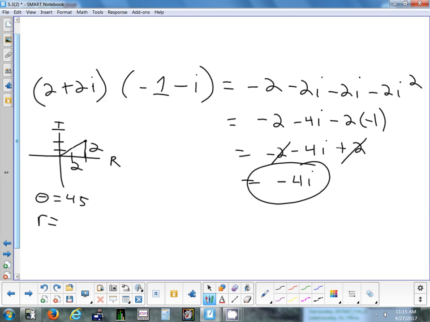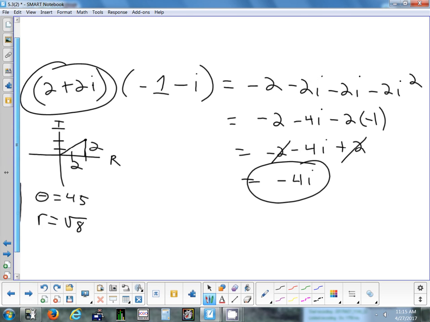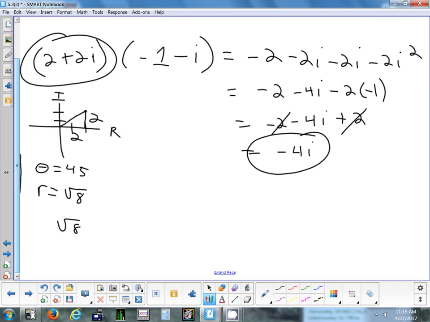So just do x squared plus y squared equals r squared. And just to do it quickly, I'm not going to reduce it. I'm just going to leave it as square root of 8. So this number in polar is r cosine theta plus i sine theta. That's my first one.